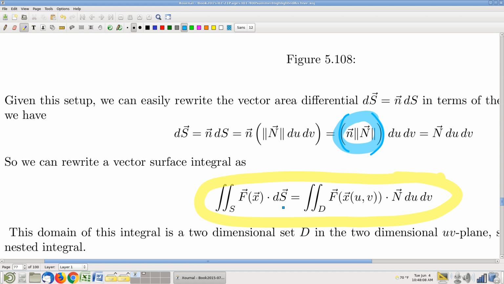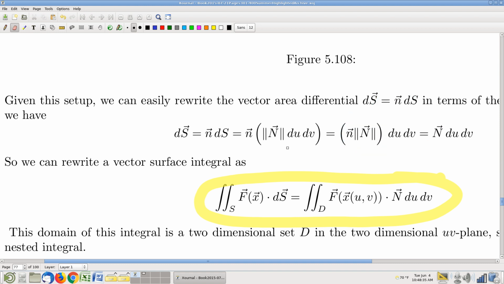We're looking for a vector that points in the direction of capital N and has the same magnitude as capital N. It looks like a duck and quacks like a duck. It's a duck. It is capital N because it's pointing in the same direction with the same magnitude. Everybody on board there? Okay.